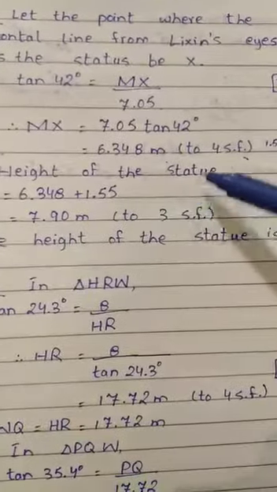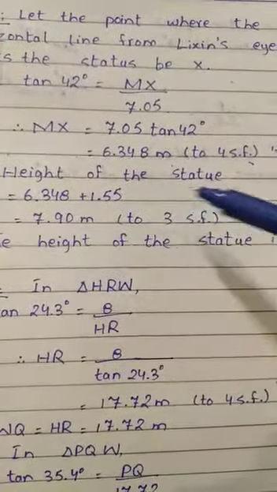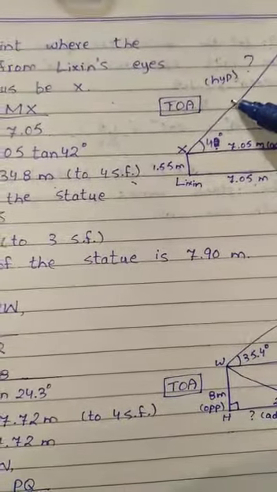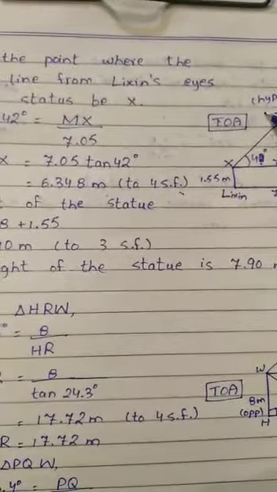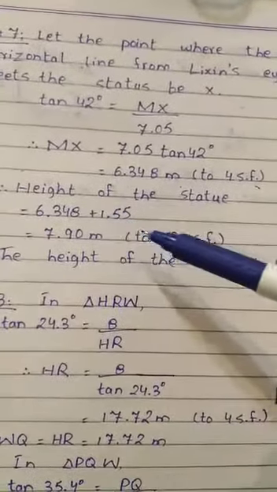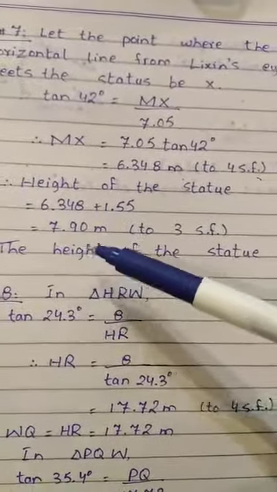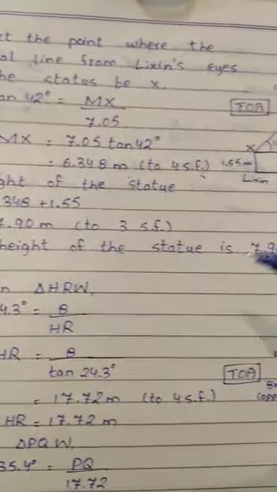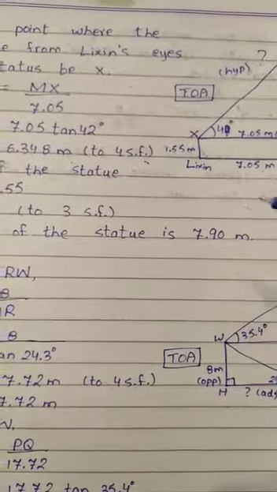Now what will be the height of the statue? We will add 6.348 plus 1.55. We add both values and then we get 7.90 meters to 3 significant figures. So the height of the statue is 7.90 meters.